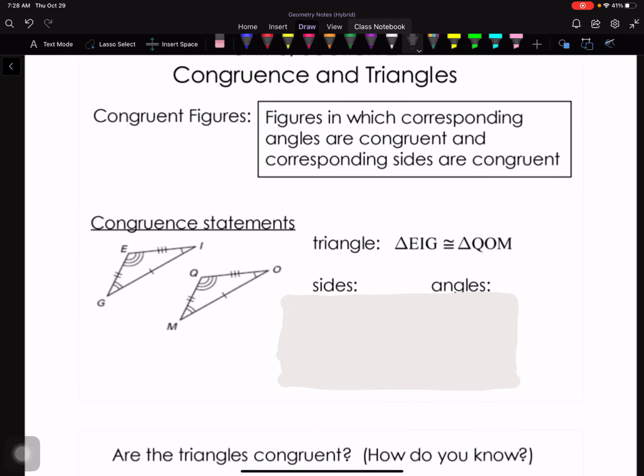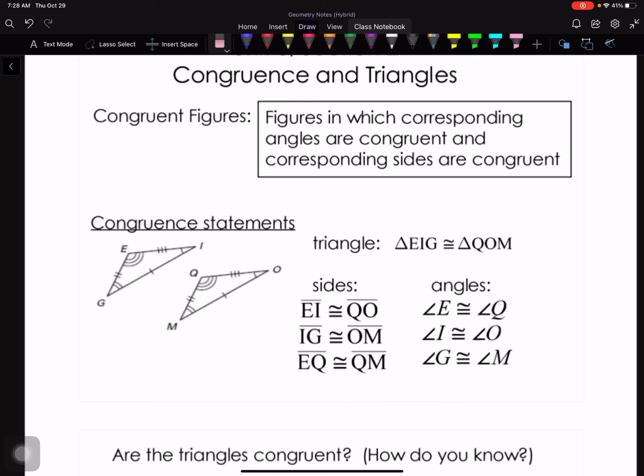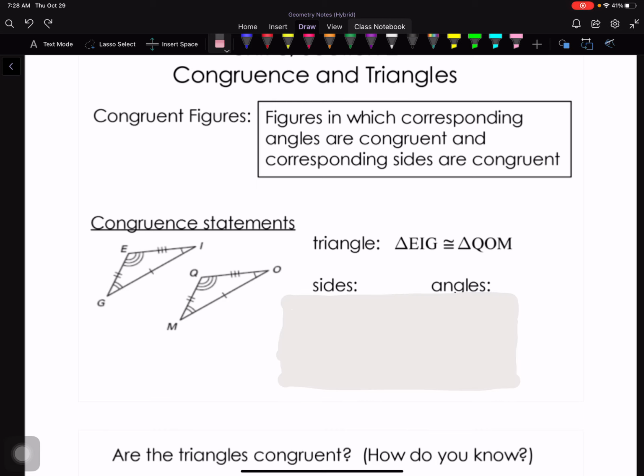So, for example, we have two triangles here, a little bit blurry. But if you look at the markings here, let's start with the sides. I'm going to start with side GI, because that's my side with one bar to mark it, is congruent to side MO.